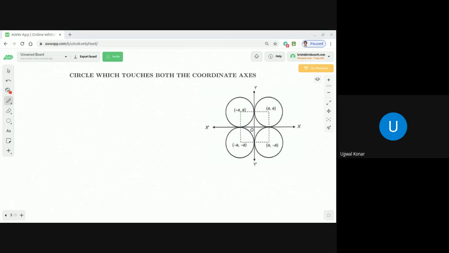Here what we observe, dear students, is that if we consider a to be the radius of the circle, since the center of the circle may be in any of the four quadrants, it will be any of the four points. So what will be the coordinates of the center?